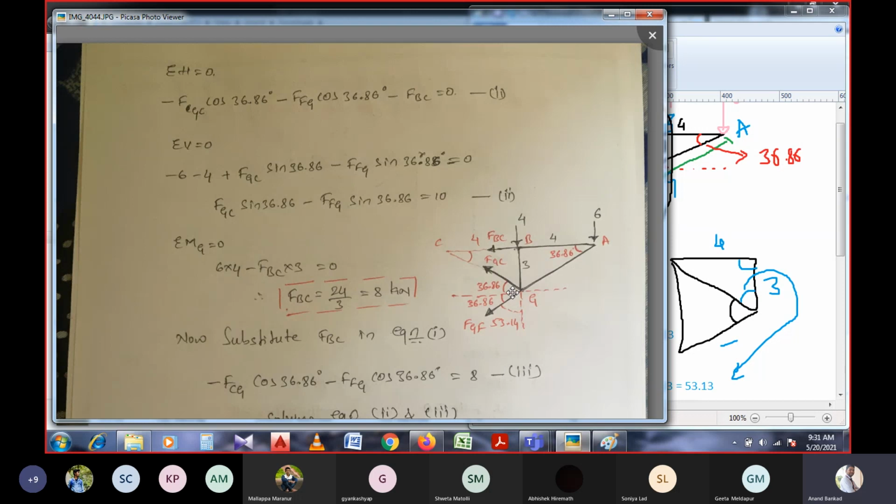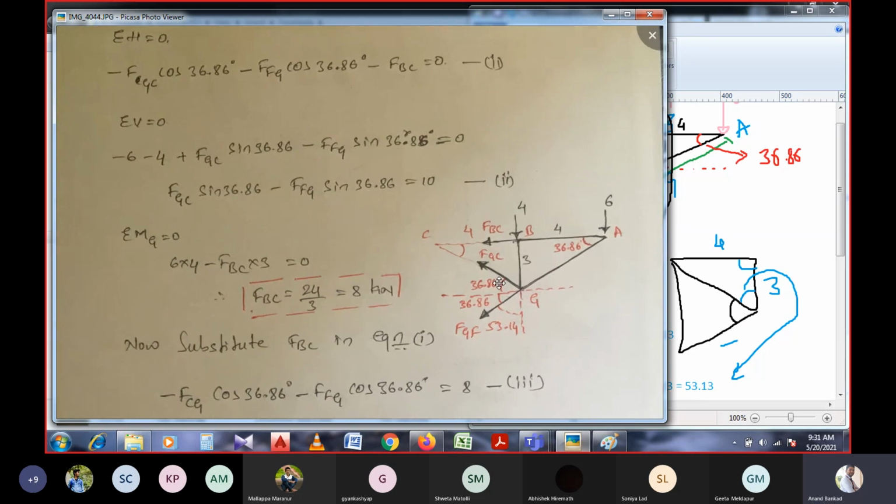However, the section angle is calculated. How is it calculated? This is 4 meter in length, and this is 3 meter in length. If you consider the angle between these two members, we need to take the function of tan. It is the opposite side over the adjacent side, so 3 by 4, and the tan inverse of 3 by 4 will give this angle.